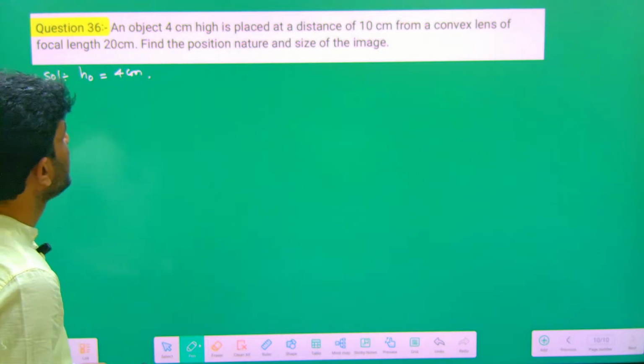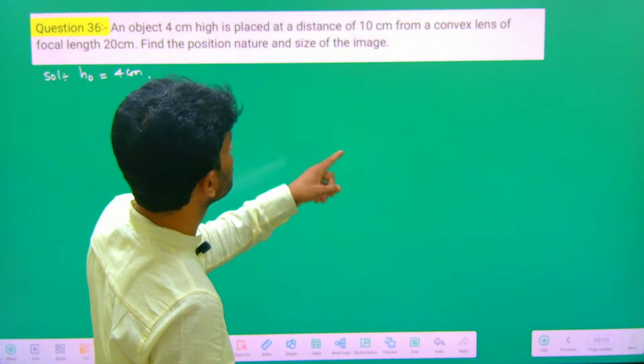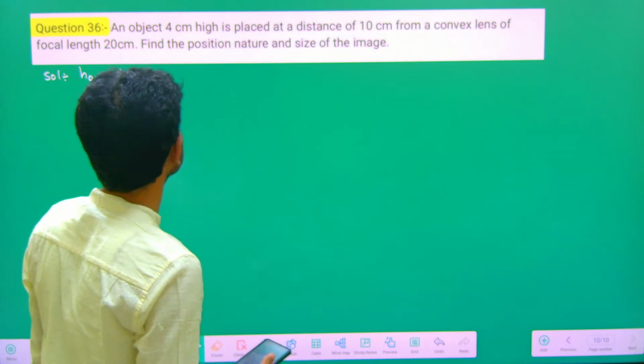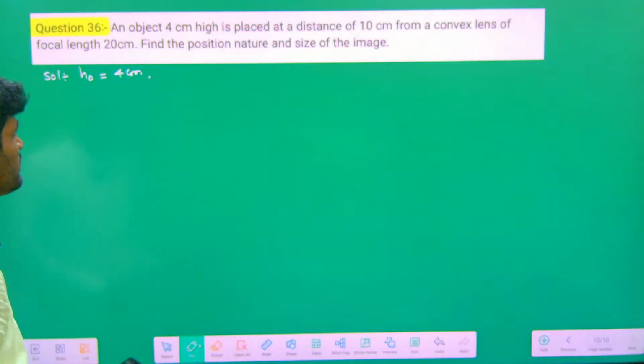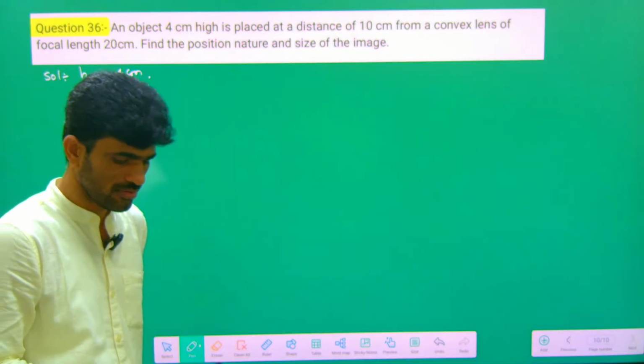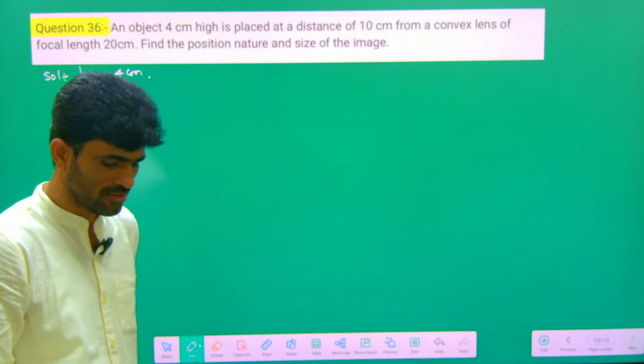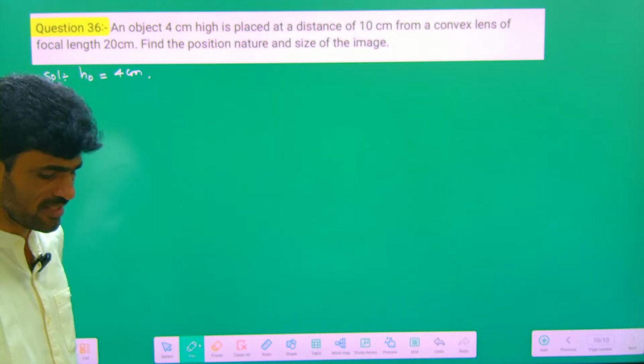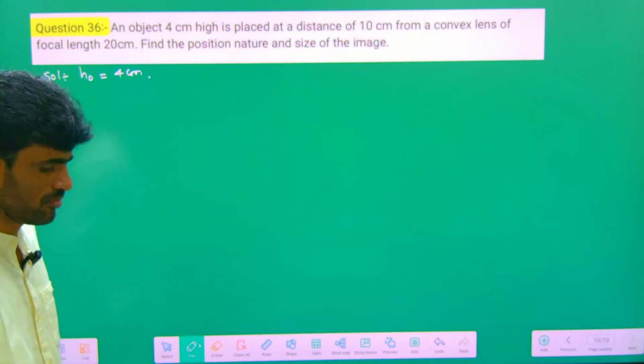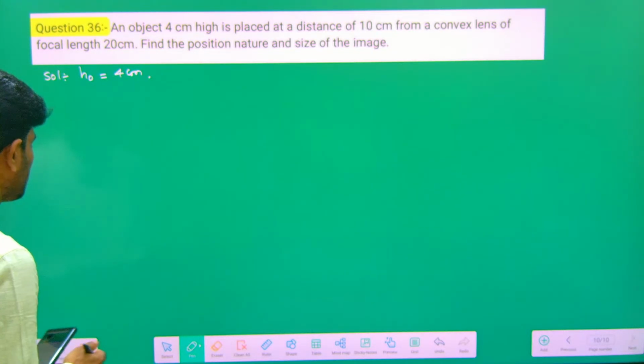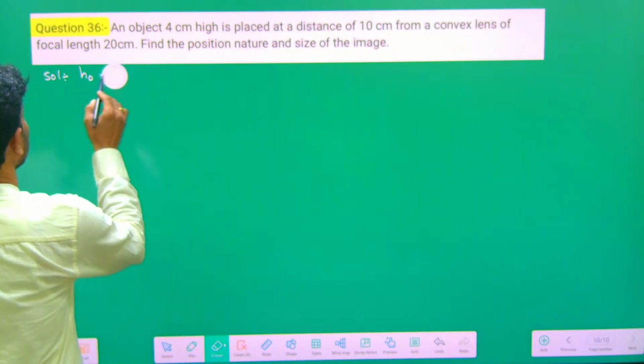One more: it is placed at a distance of 10 centimeters from a convex lens of focal length 20 centimeters. So what does that 10 centimeters indicate there?